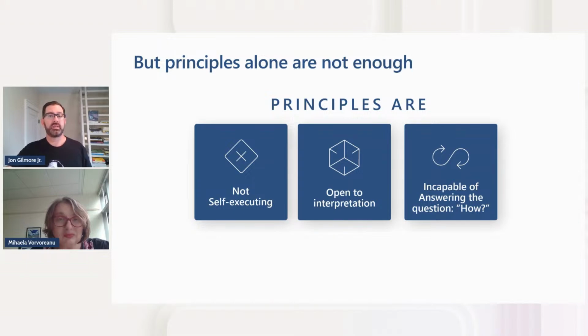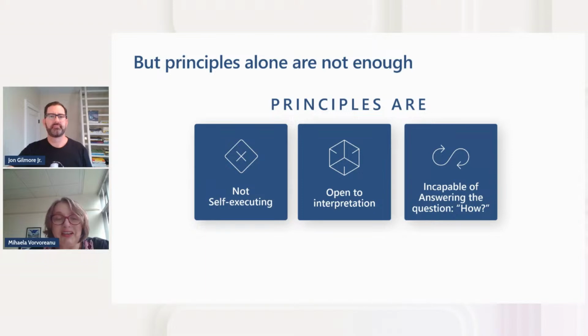Your desire and belief that an AI system should be fair or inclusive does not simply make it so. Principles are also open to interpretation. If I asked everyone on this call what fairness means, we are likely to get as many different answers as we have people here. Principles also do not answer the question of how to actually go about implementing them. So what we need to do is put these principles into practice.